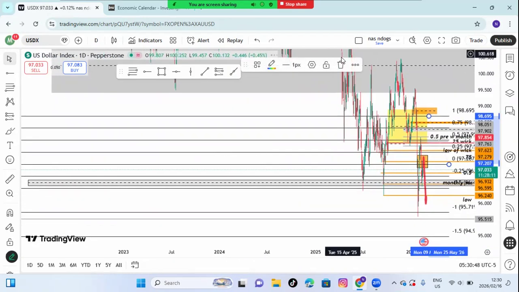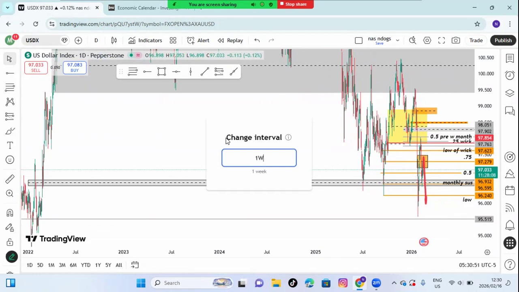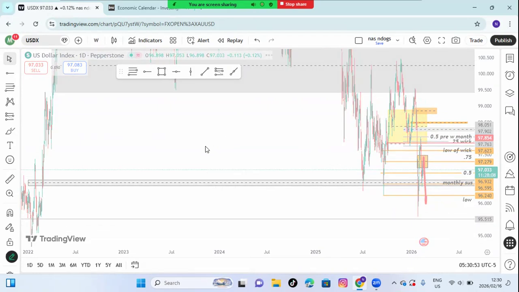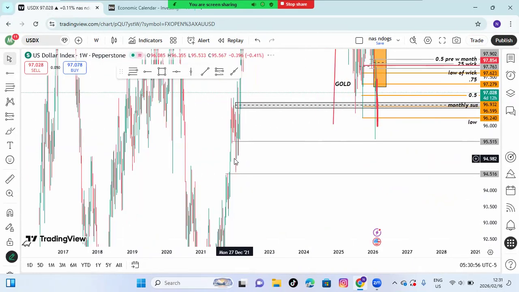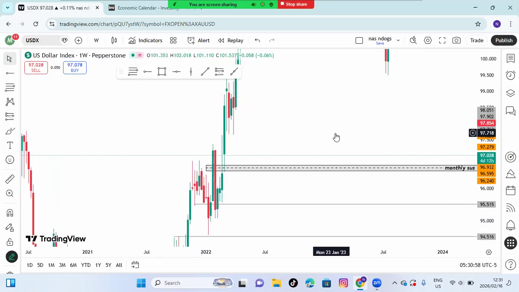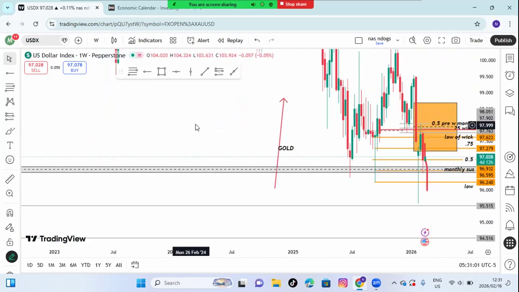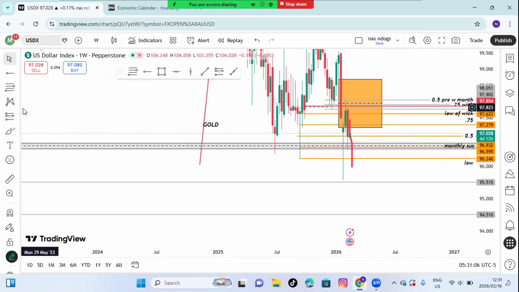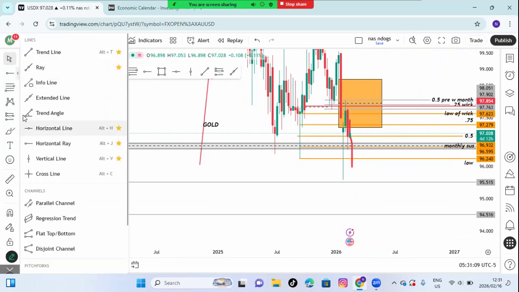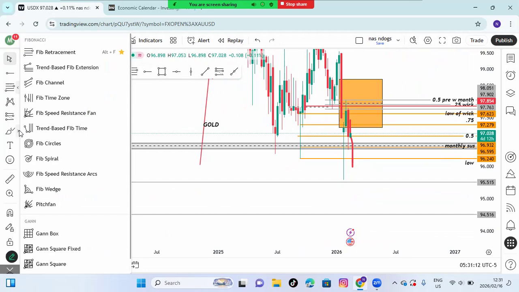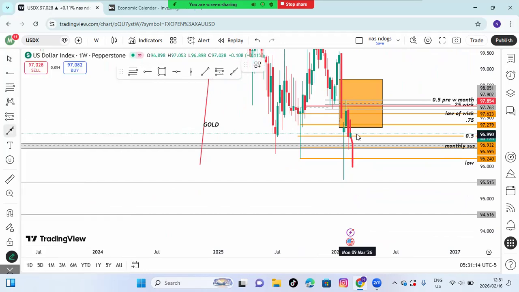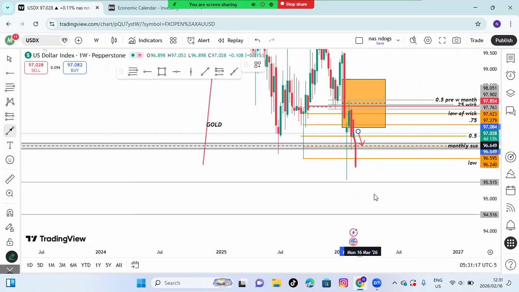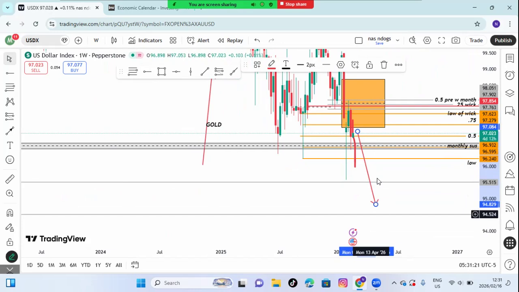Okay, let me delete there. Let's go green on the weekly. So that's the weekly. So this move here, the anticipation is that this move going down like this into this will send gold higher, right?